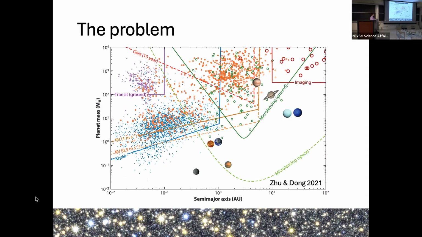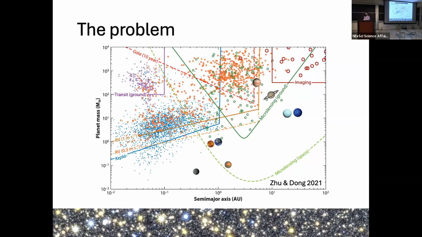And to set the scene, this is a plot that has been shown already from Zhu and Dong, now approaching 5 years out of date, but showing the discovery space of exoplanets, with the majority found to date being from Kepler and transiting surveys, but with growing numbers coming from radial velocities and a few from imaging, and also a growing number now coming from microlensing surveys.